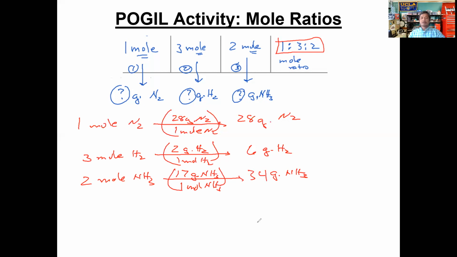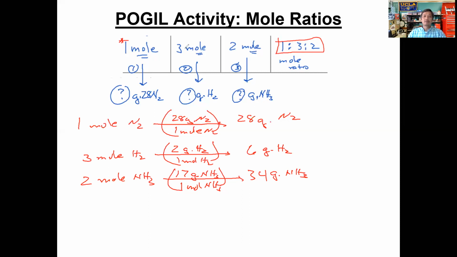Okay, all right. So what we have here, let's go ahead and take a look at this then. What we have here then are the masses that are equivalent to these amounts here. Okay, so if we started out with 1 mole of nitrogen, the mass of nitrogen equivalent to that would be then 28 grams.